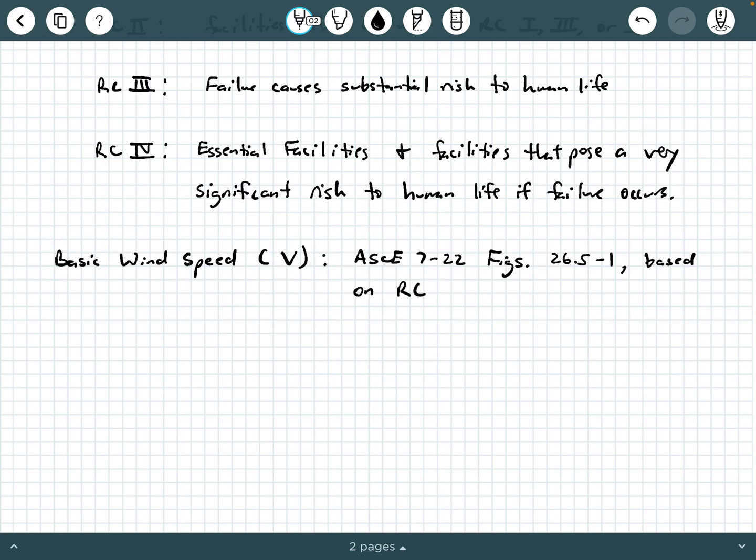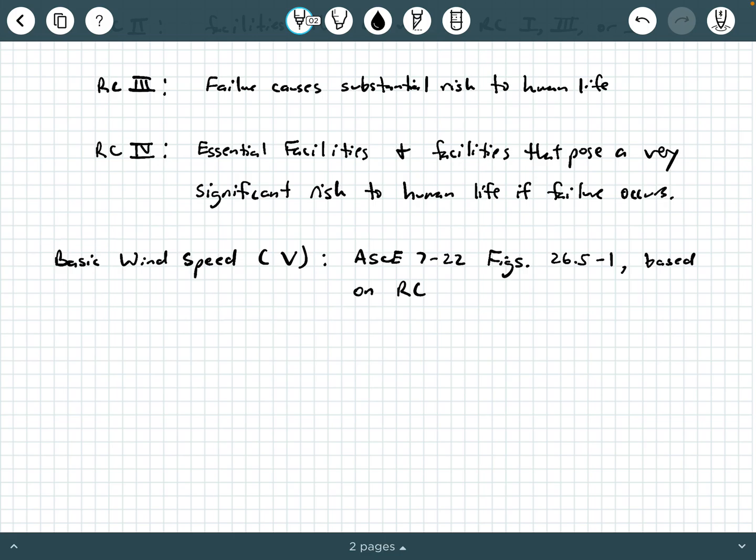So if you have a copy of ASCE 7-22, I would go ahead and open it up, and I would take a look at figure 26.5-1, and you see that there are several of these maps there, okay? And they're further categorized as 26.5-1A, B, C, and D. Now, those different maps, if you read the bottom of the pages, they're going to be categorized in risk category 1, 2, 3, and 4, okay?